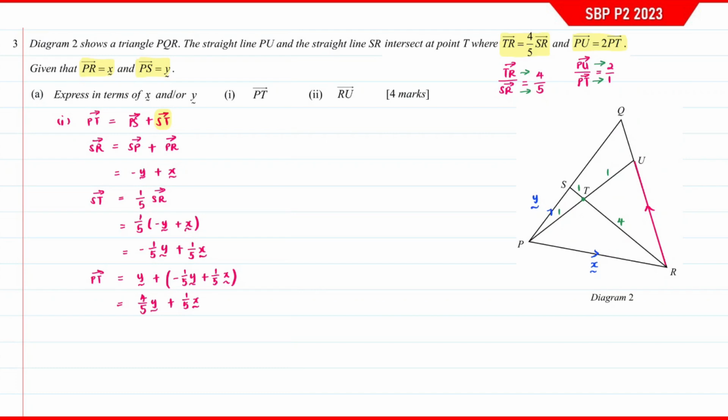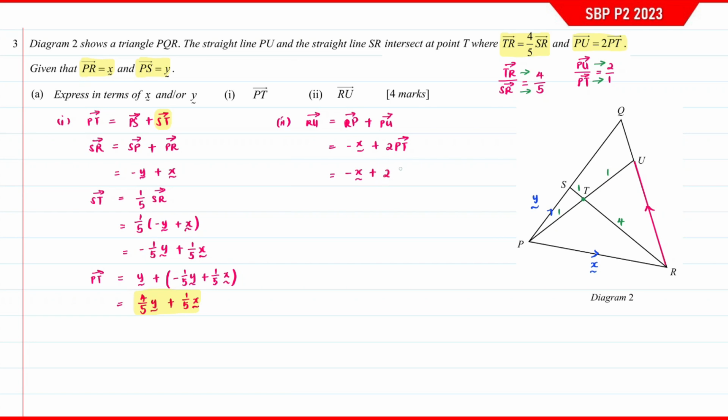Number 2, to find the vector RU. Again, using the triangle law, we can set RU equal to RP plus PU. RP will be equal to negative vector X, plus PU which is 2 times the vector PT. In question A1, we already found the vector PT.